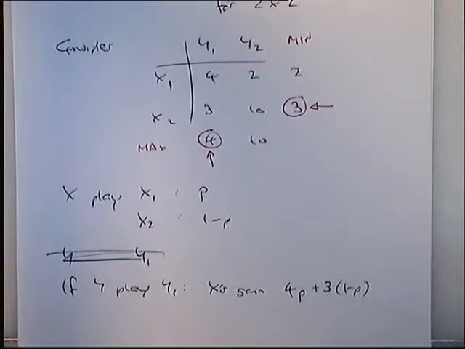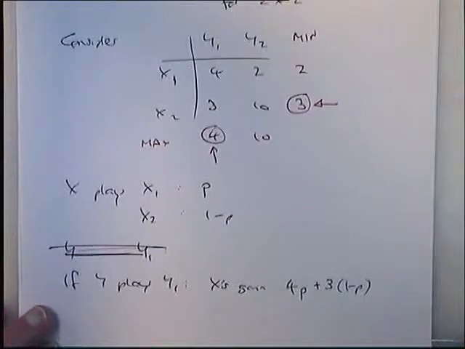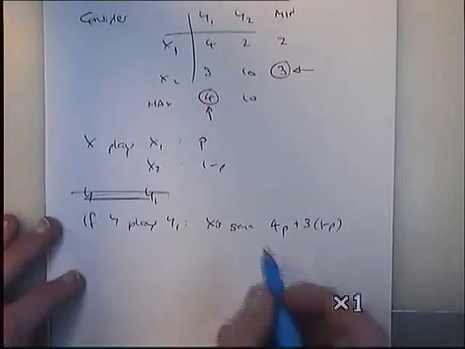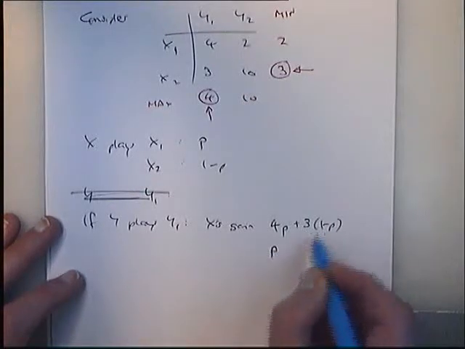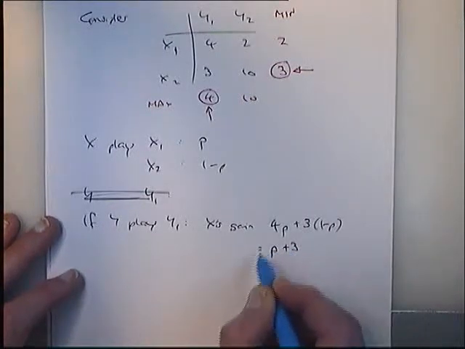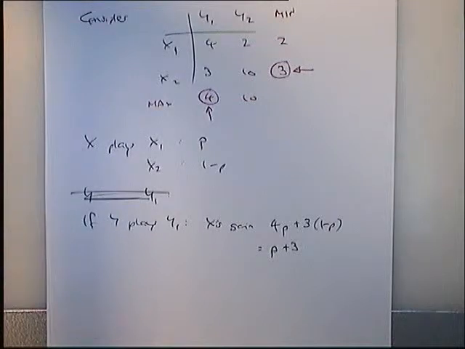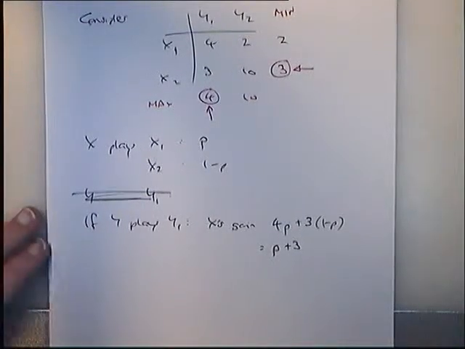If I add those expressions together, I will get the expected profit for player X. If you multiply the brackets and simplify, I've got 4P minus 3P, and I've got 3 times 1. So if player Y plays Y1, X can expect a gain of P plus 3.